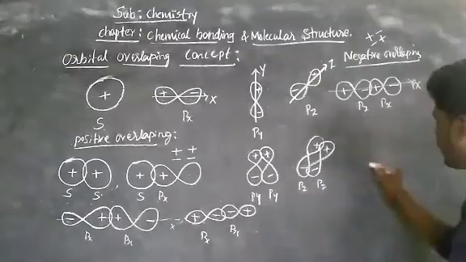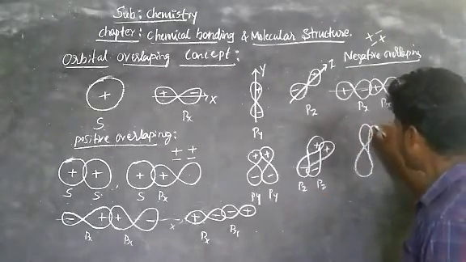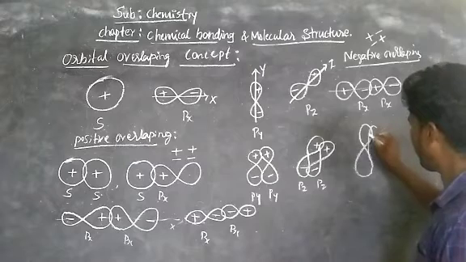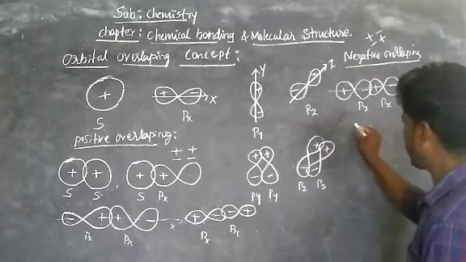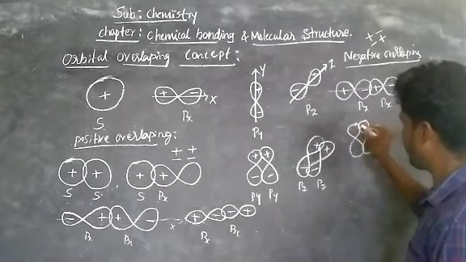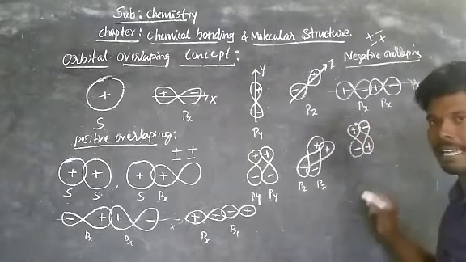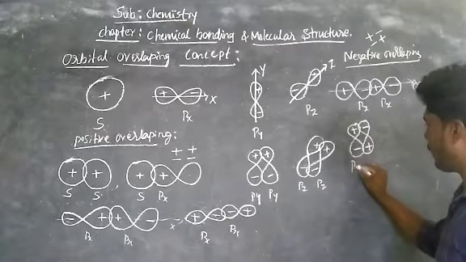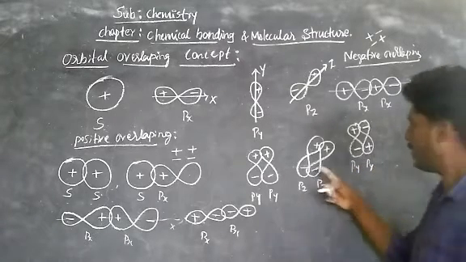Similarly, take y and y. This is one y orbital and this is the second y orbital. This is the py, plus minus plus, like that. This is called py and py overlapping. Similarly, take z orbitals.